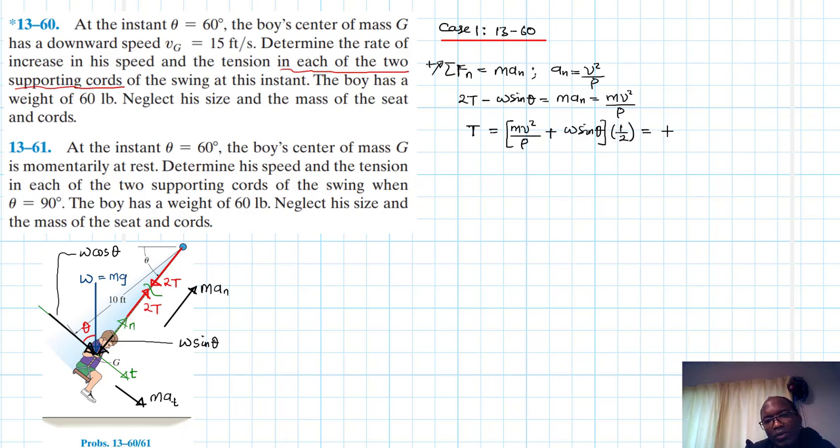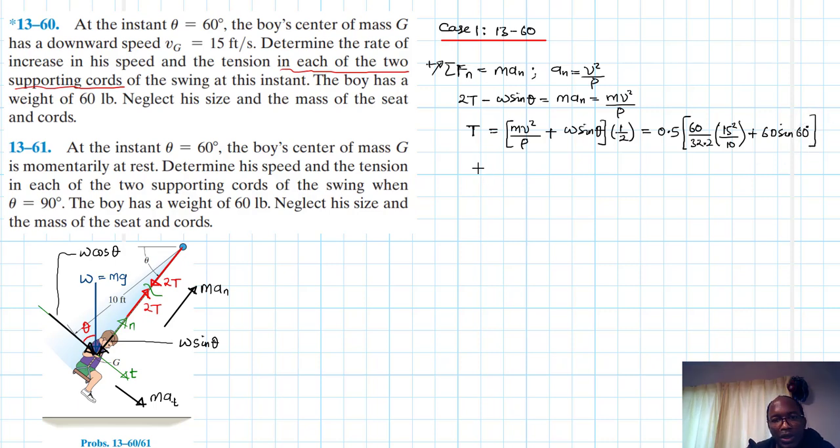So T equals 0.5 times the quantity: mass 60 divided by 32.2, the acceleration due to gravity in feet per second squared, times 15 squared divided by rho, where rho is 10, plus W itself, 60, times sine 60 degrees.